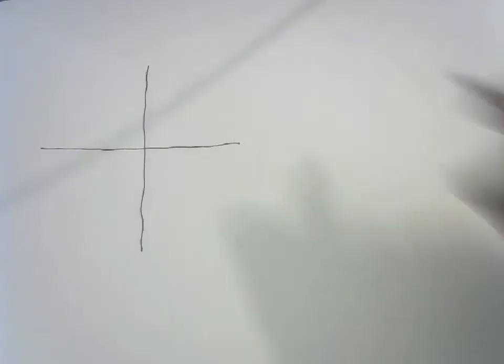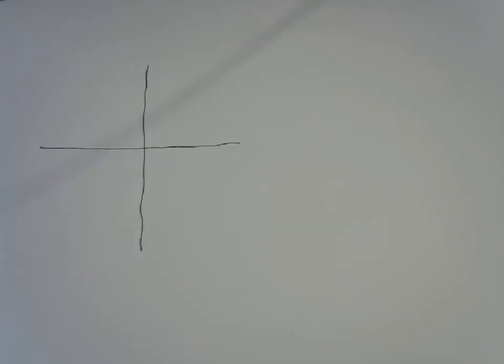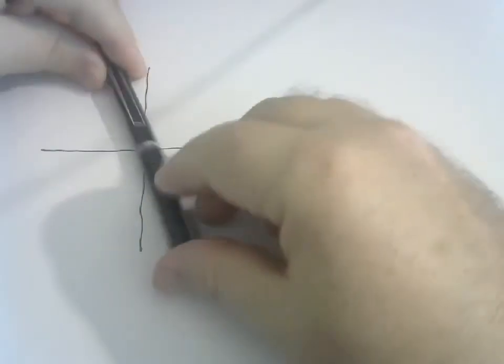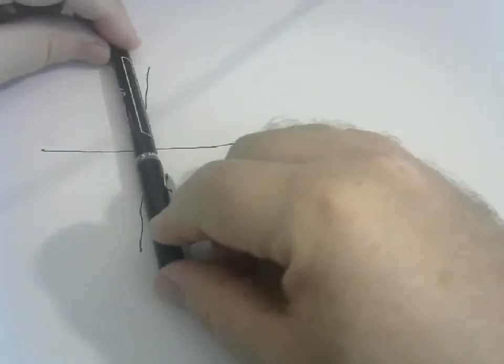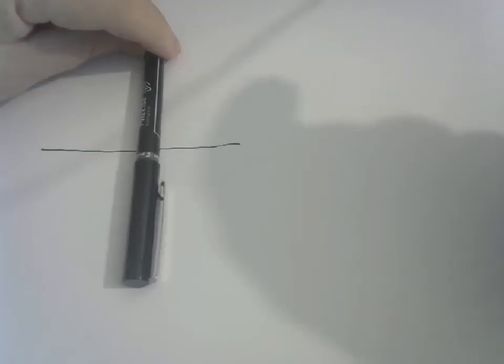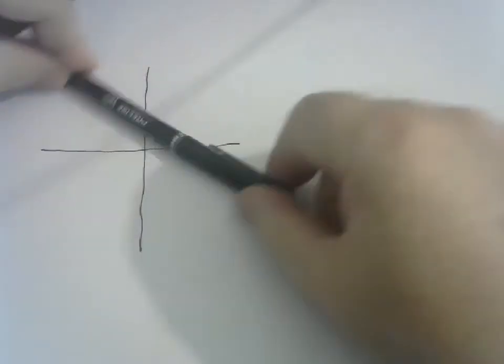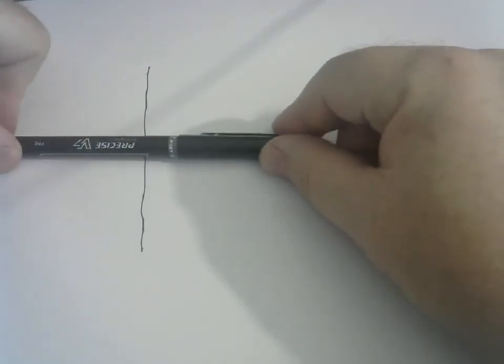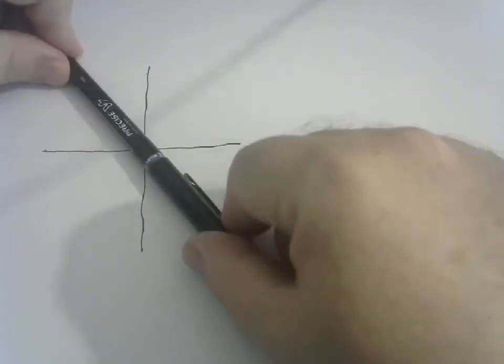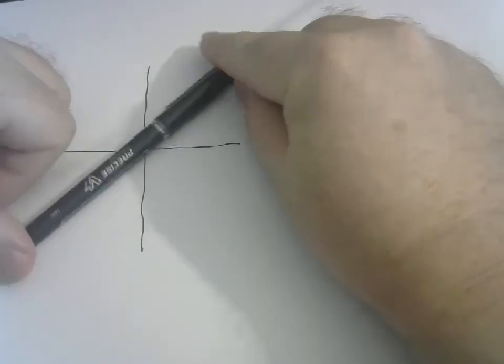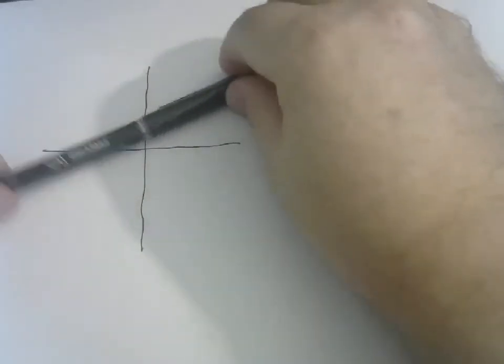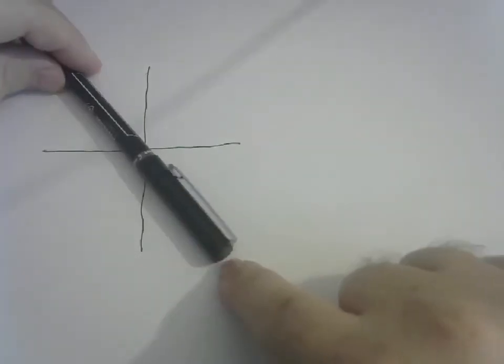So let me draw our big coordinate system here and imagine different slopes being plugged into the arctangent function. This is an infinite slope. This is a zero slope. This is a negative slope. This is a positive slope. So what happens if we're at this point over here?